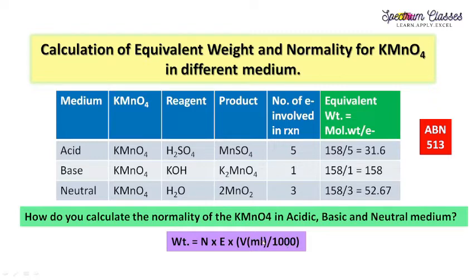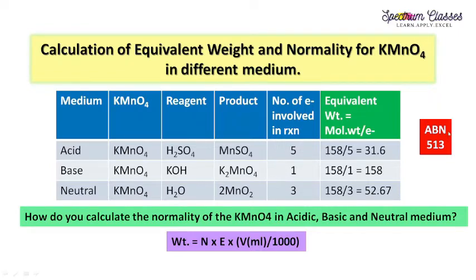So ml divided by 1000, you will get volume in liters. If it is given in liters already, then no need to convert, right? So in that case, the formula will be weight is equal to N times E times V in liters. Fine. So this is how you can prepare the solution. Now I am showing you the solution of KMnO4 in the lab activity.